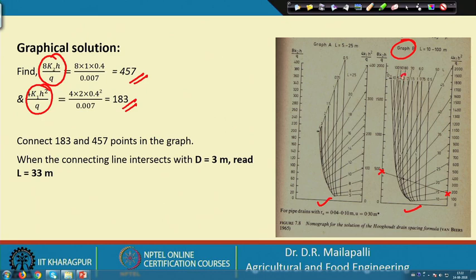Then you follow the line and see this is exactly hitting this point, and the corresponding drain spacing is between 30 and 35. If you do linear interpolation, you get L is equal to 33 meter, which is almost the same as the previous solution. Okay.